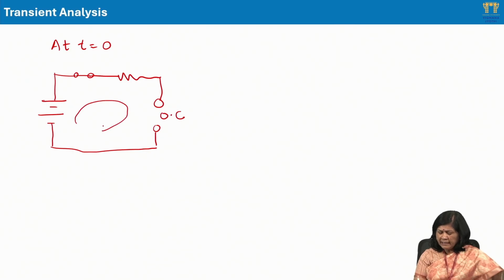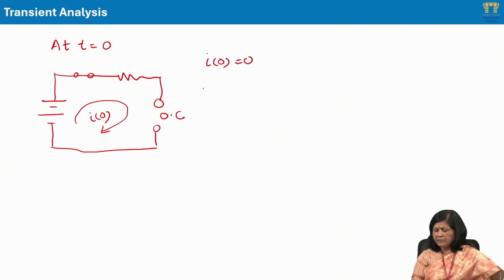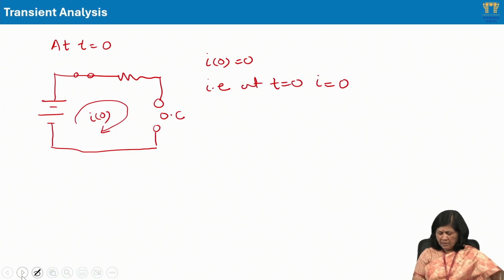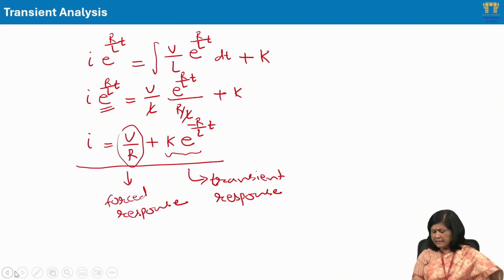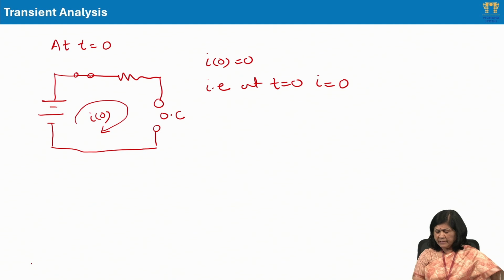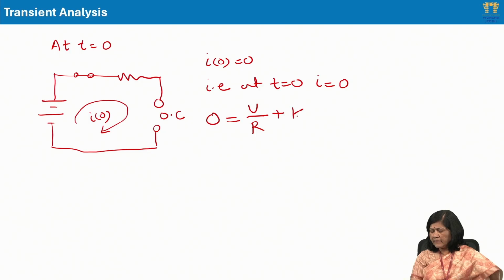So you see the current I0 is 0. That means at t equal to 0, our current is 0. This condition we will use in this equation, let me call it number 1. When you substitute this, you get 0 equal to V by R plus k. So this gives me the value of k as minus V by R.